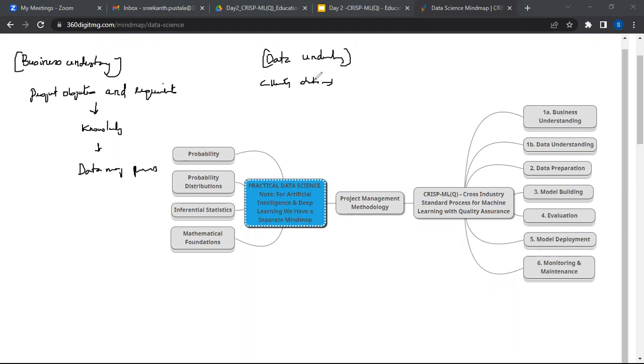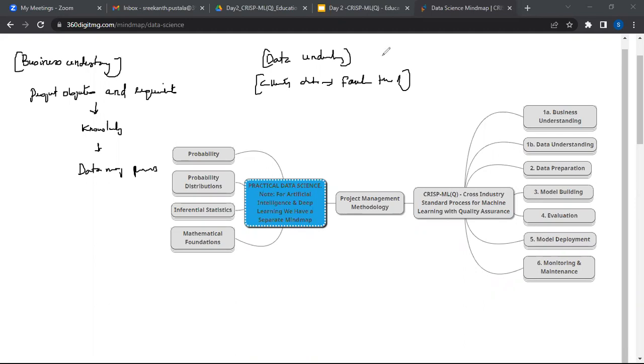Then we get familiar with the data, so we try to understand the data, to identify data quality problems and to discover first insights into the data. Along with that, we'll be looking into different subsets. If there is any hidden information, we try to get that information in the data understanding phase.